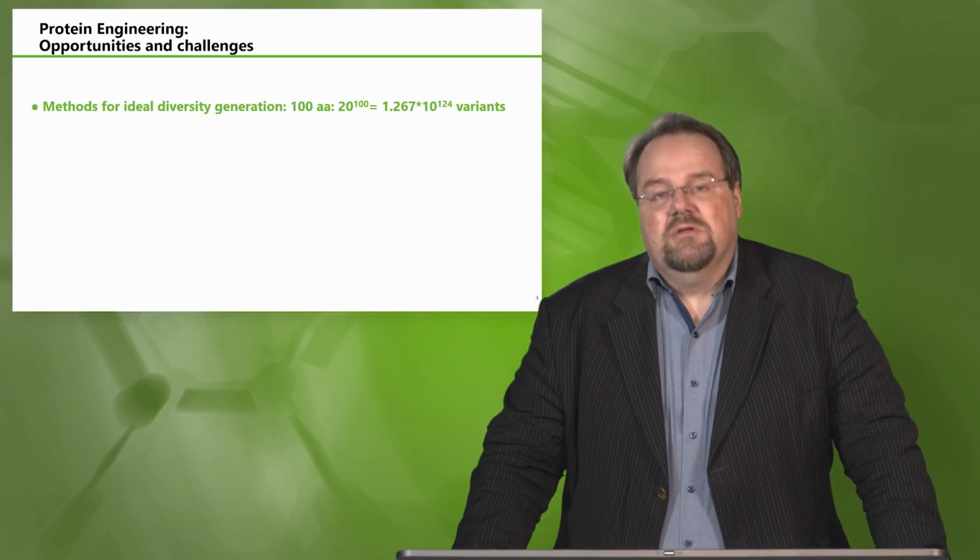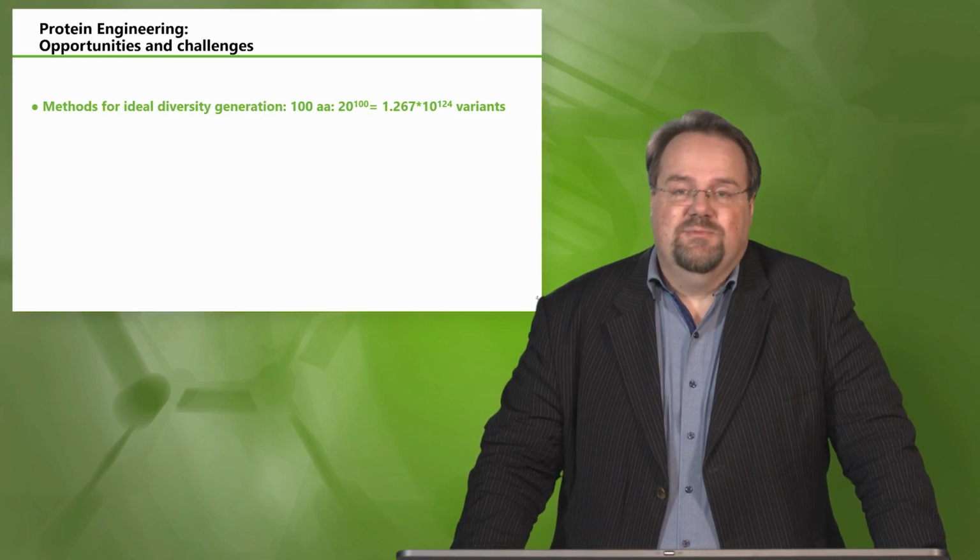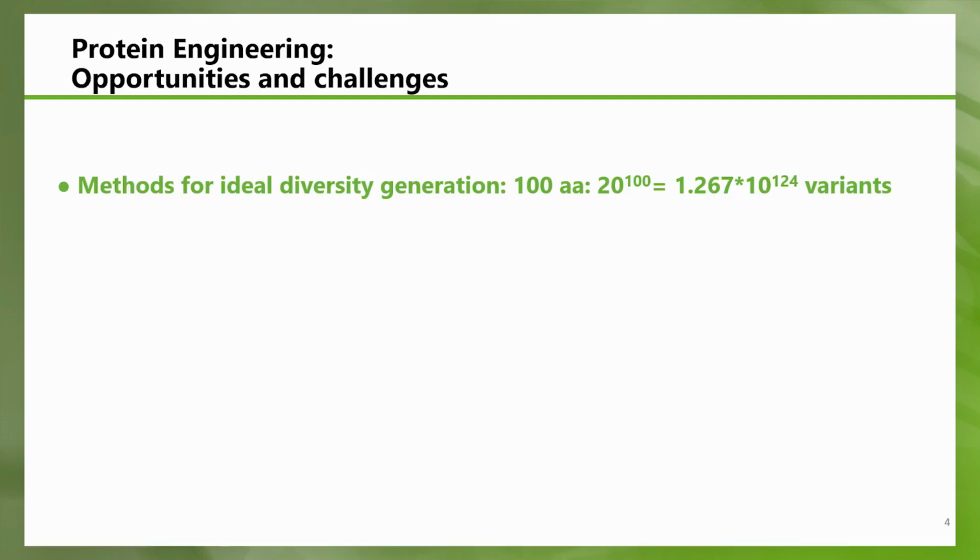So when we look at a small protein that consists of 100 amino acids, nature offers us per amino acid position 20 different building blocks to exchange. So that means that in a small protein we have 20 to the power of 100 different protein variants that can theoretically be generated by natural design.